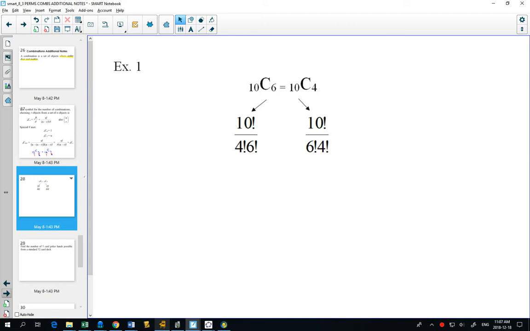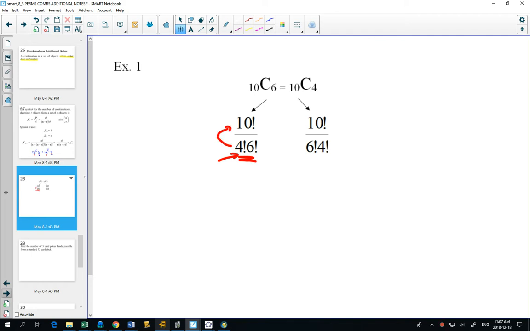And if you use the formula, and you will use the formula lots with combinations, 10 choose 6 is 10 factorial over 4 factorial 6 factorial, and 10 choose 4 is 10 factorial over 6 factorial 4 factorial. You can see that they're the same. In the formula, the numbers underneath always add up to the number on top.